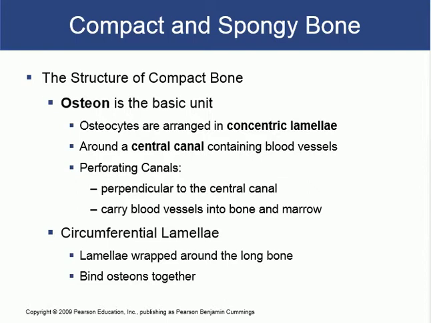And it looks like if you cut an onion into two halves, you see how it is layer after layer after layer, multiple layers, circular layers, concentric lamellae. This is how the osteon looks like. So these are lamellae, concentric lamellae containing the osteocytes, and there are blood vessels in the middle.